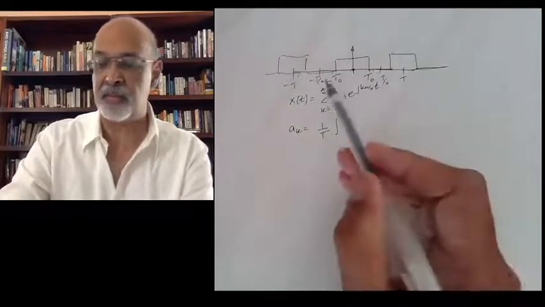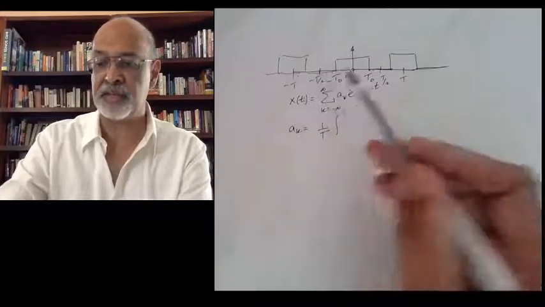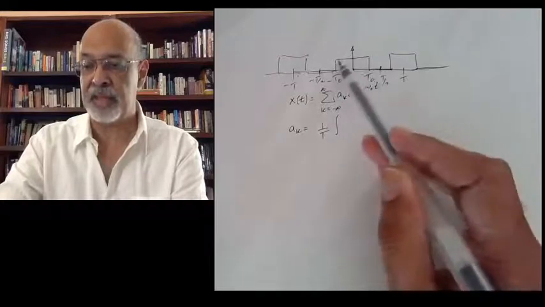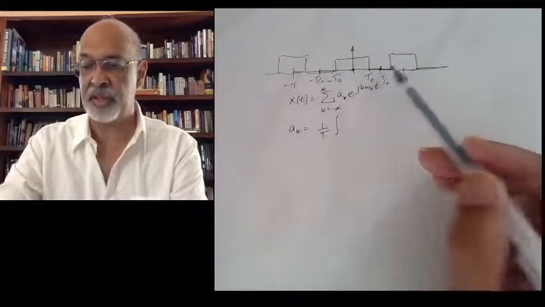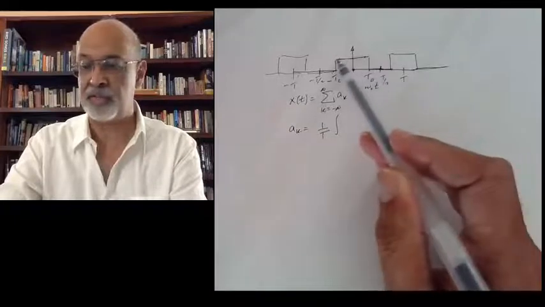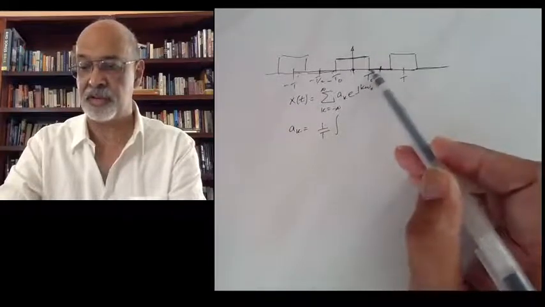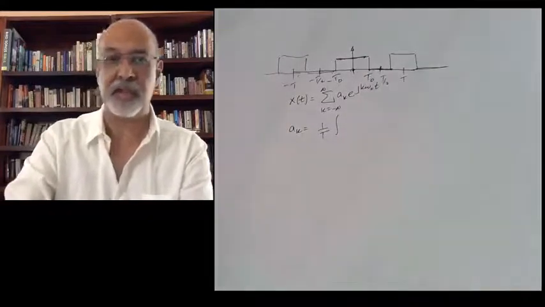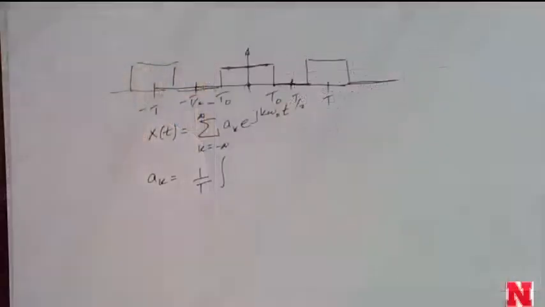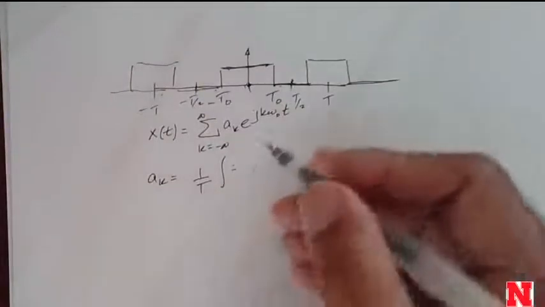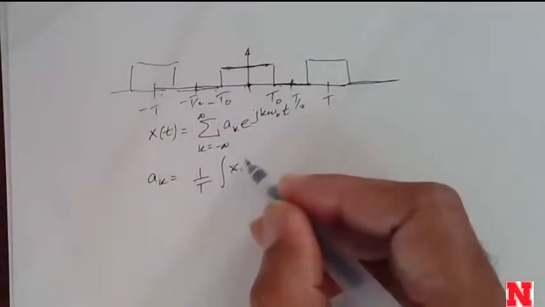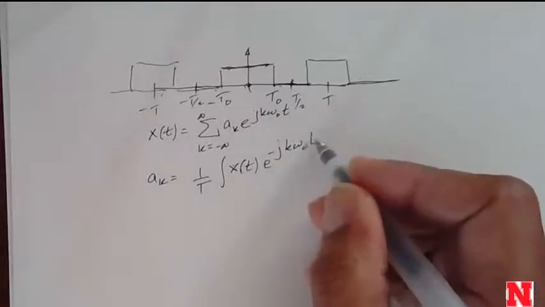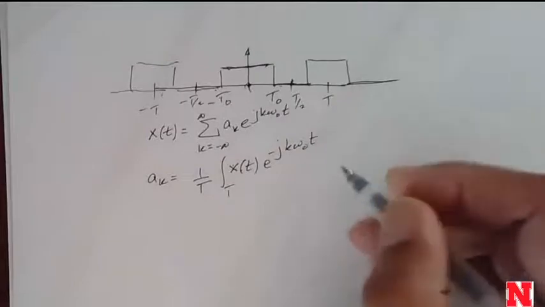And in this case, the most convenient interval is from minus T over 2 to T over 2, because in this interval, I have this part which is 0 and this part which is 1. So all I have to do is just integrate from minus t0 to t0 of 1, and that's going to be a simple integral. Okay, so let's do that. This is just x of t e to the minus j k omega naught t. And like I said, the integral is over one period.